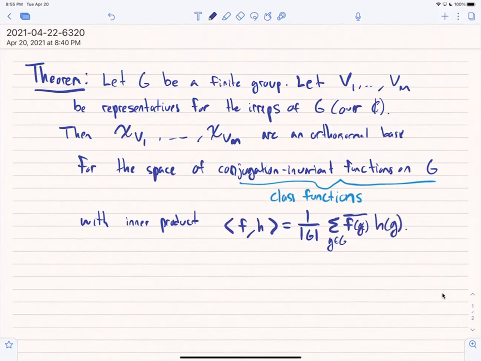Okay, so this is a Hermitian inner product.